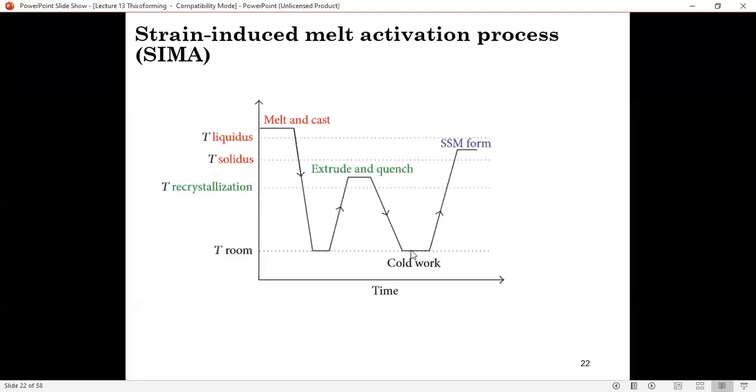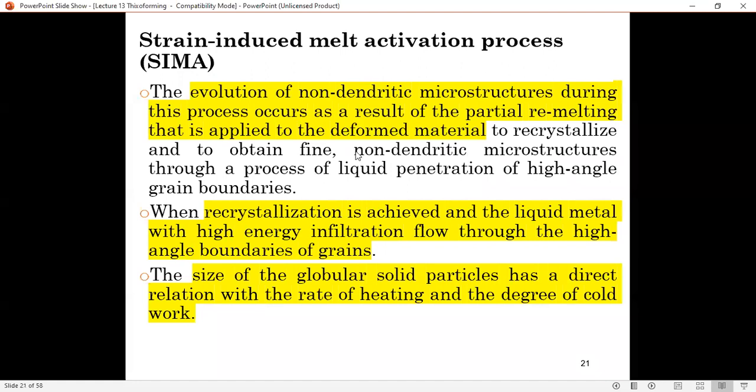This means that you need to go through a process of quench and then cold work, and then you heat it back above the solidus line. This is where the SSM, the semi-solid metal, will form. The evolution of the dendritic microstructure during the SIMA process occurs as a result of a partial remelting that is applied to the deformed material.